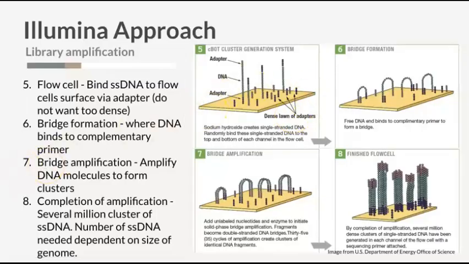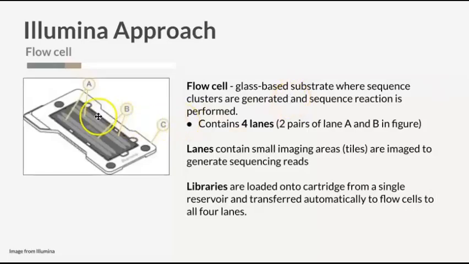We have this glass base with a bunch of adapters on it that's going to allow your library to bind to the adapters, and then you can do the sequencing reaction in these lanes right here. So the lanes are these small imaging tiles, which is where we're going to excite the fluorescent with the laser and be able to do the reading. The library is what you're going to place onto this flow cell.